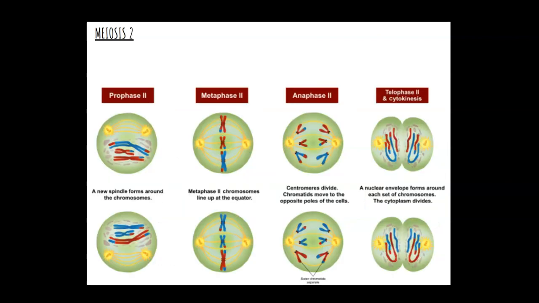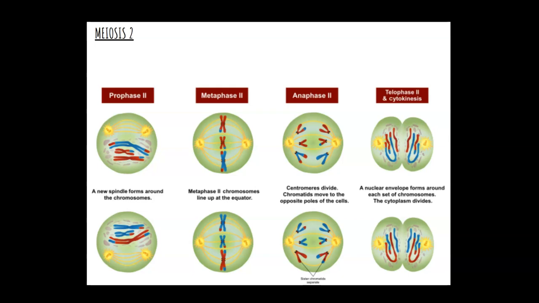You immediately enter meiosis 2. And I did tell you that there's really no prophase 2. In some books, you'll see it being represented, but basically your cell goes straight into the next part of that process, where the chromosomes now line up against a metaphase plate that is at 90 degrees from the previous one.